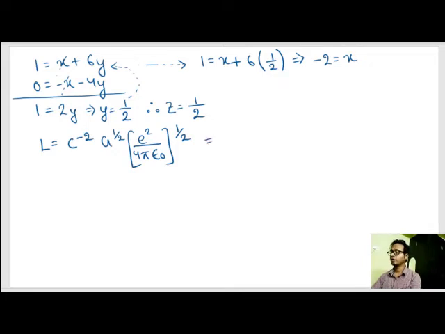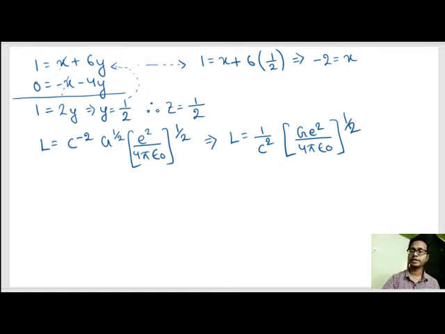Or this can be rewritten as L is equal to c to the power minus 2, and we can multiply this g and this term because both contain the same power, so L is equal to 1 by c square times g e square by 4 pi epsilon naught to the power 1 by 2. Okay, this is our answer.